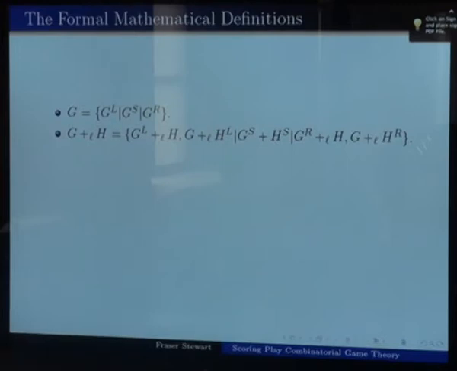The normal plus symbol just means plus, as you would normally, but this other one means disjunctive sum. That's why we use two different symbols, but it's basically the same definition that we had before. And the negative of a game G is also the same thing: we just swap the left options for the right options.